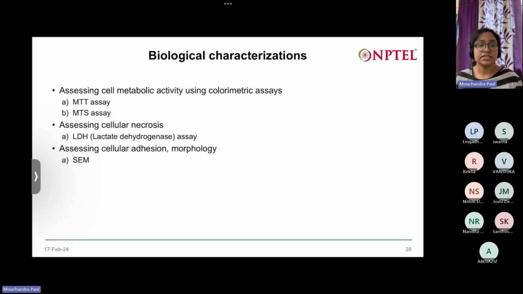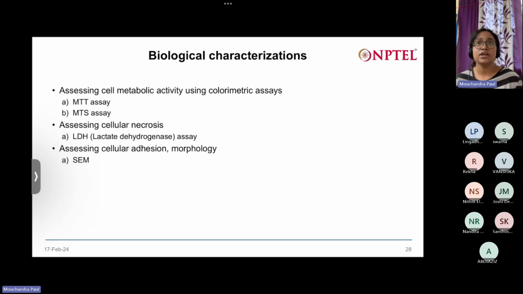Then these assays become important when we are working with mammalian cells, because after all, for tissue engineers, it is important that our biomaterial should interact very well with our cells, because we are interested in making artificial tissues, but the cells are an important component. All right, so we assess the metabolic activity of the cell.